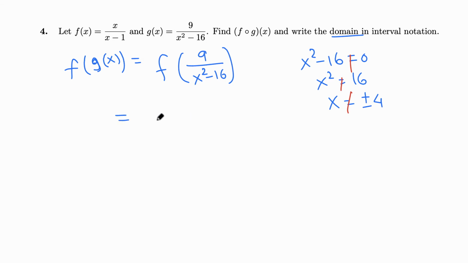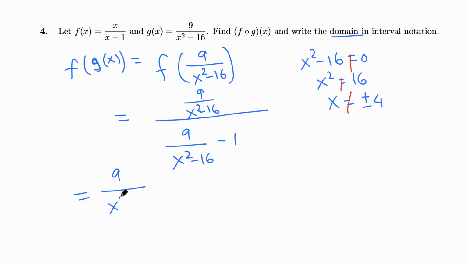So f of input is input over input minus 1. We can simplify. The top is 9 over x squared minus 16. This division turns into multiplication, but first we combine these two fractions, then we can flip.